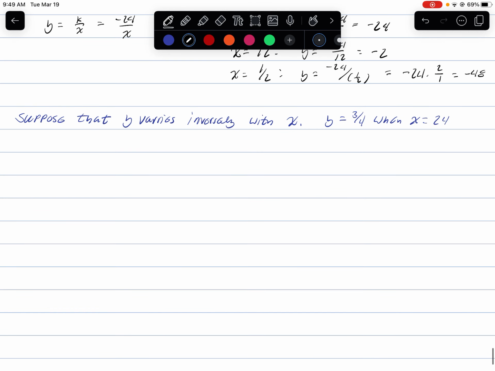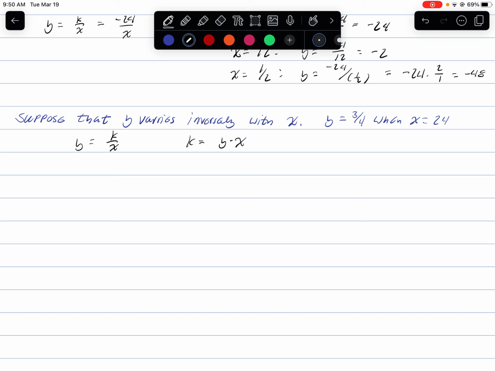Okay, let's do one more. Suppose y varies inversely with x, and y is equal to 3/4 when x is equal to 24. Remember we have y equals k over x, and we can find k as k equals y times x.